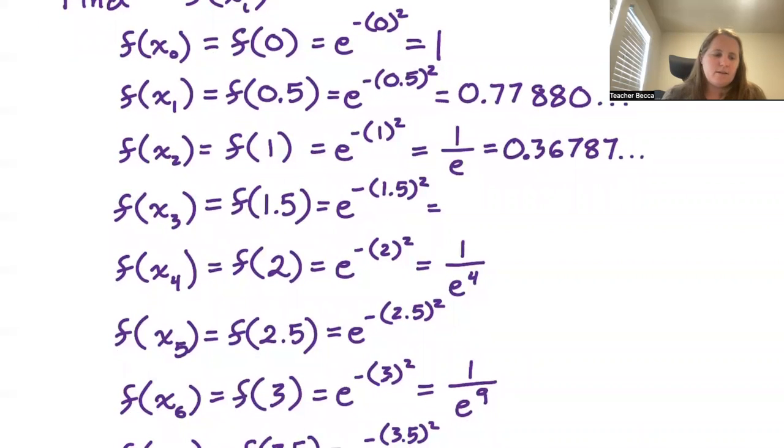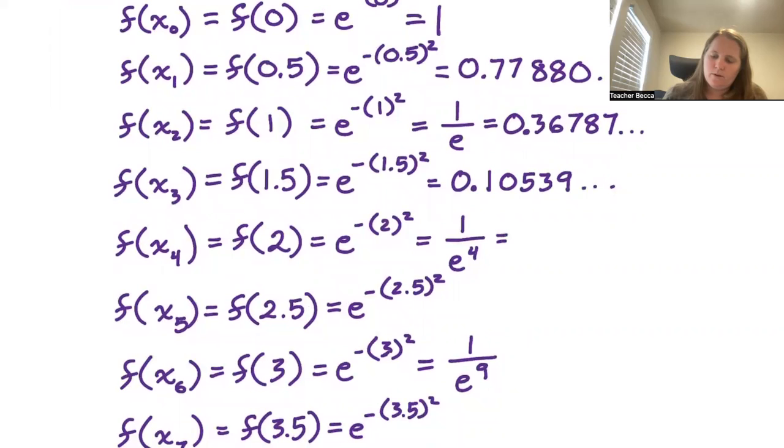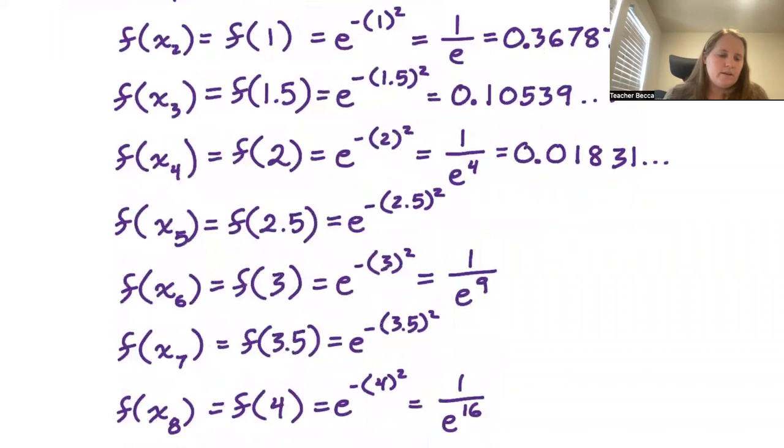Our f of x3, we are looking at 0.10539 and so on. f of x4, we are looking at 0.01831 and so on. f of x5, we are looking at 0.001939 and so on.